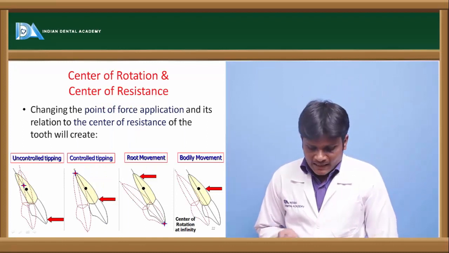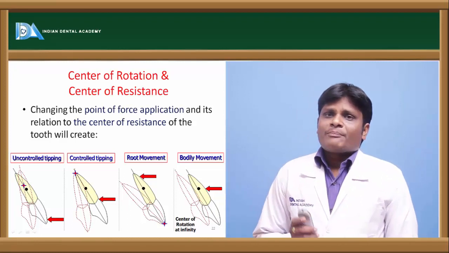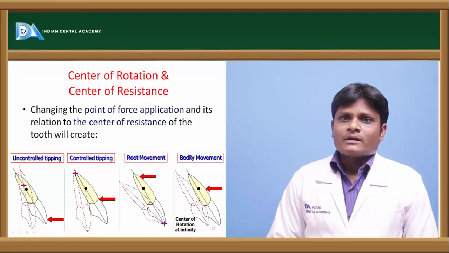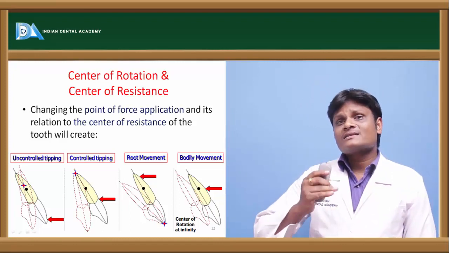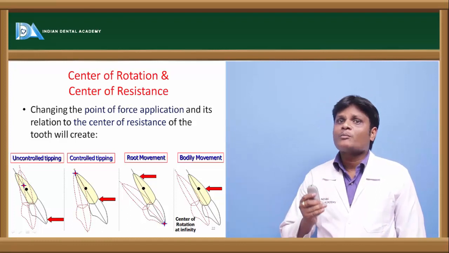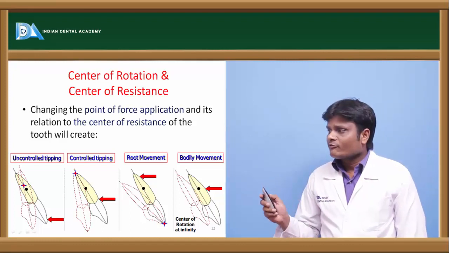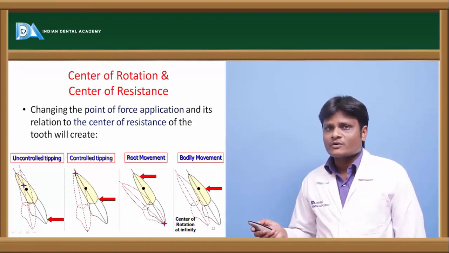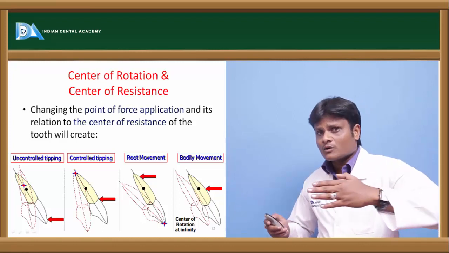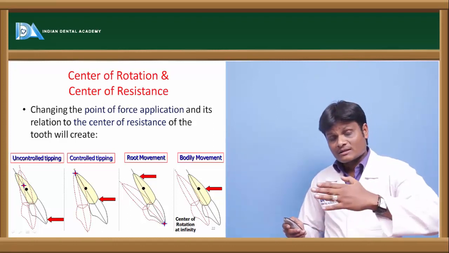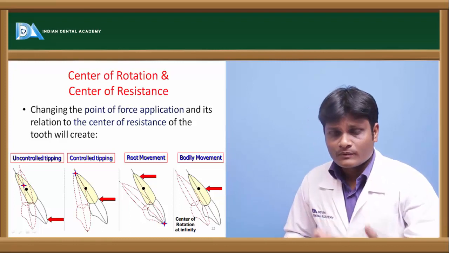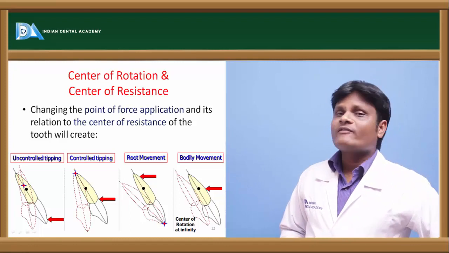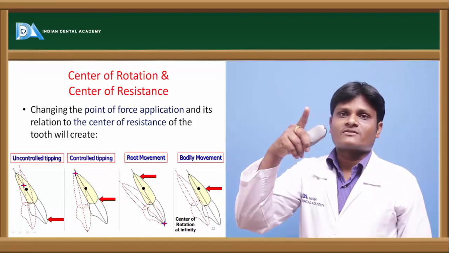Now, as I told you, applying a force away from the center of resistance will lead to rotational tendency. Depending upon the distance of the force application, the moment is going to differ. So, if we apply a force which is very far coronally to the center of resistance of a tooth, or very far towards the crown tip, then the moment created will be high and the tooth will have a tendency to rotate in a clockwise direction.